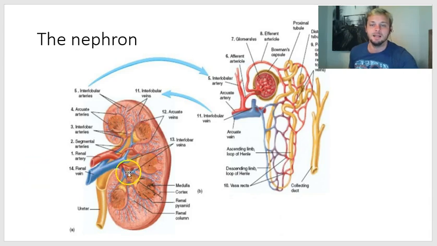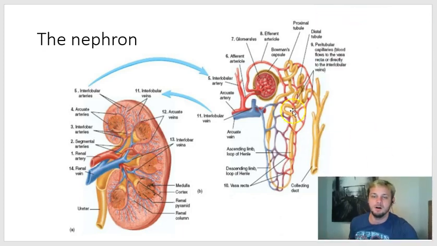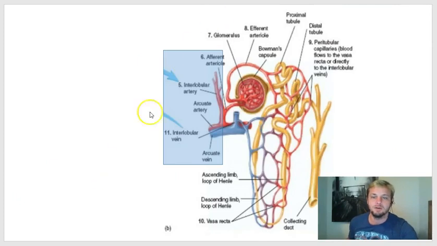If we look at it, the actual filtering unit of the kidney is going to be this thing called the nephron. So here's our nephron right here. We've already covered these arteries and veins, so we're not going to really talk about those too much. You have your arcuate, interlobar, afferent, glomerular, efferent, another capillary, back to interlobular, and then arcuate.